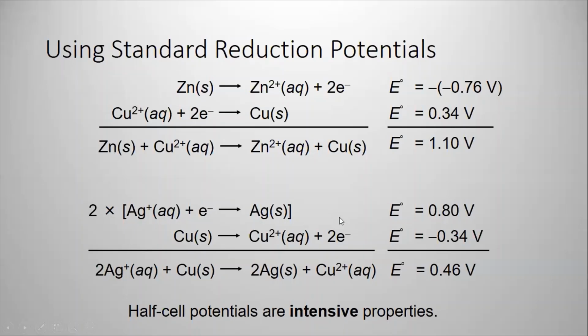And a very important point here: the standard electrode potential is not additive. What I mean by that is, this has nothing to do with the number of electrons here. So if you multiply this by 2, by 3, by 4, the standard electrode potential will not change.